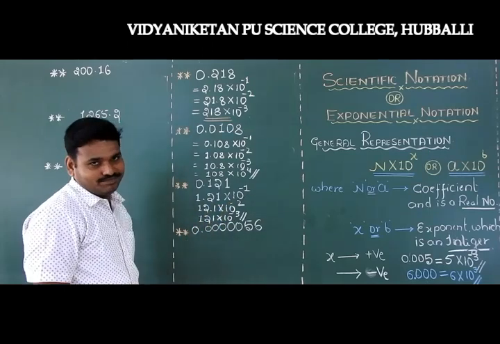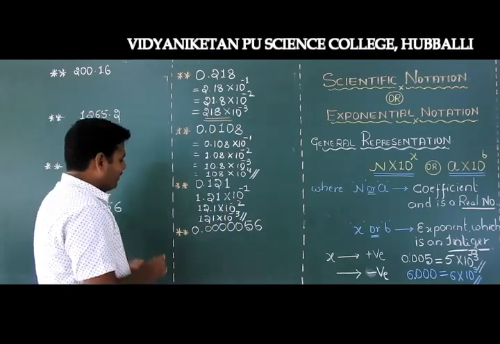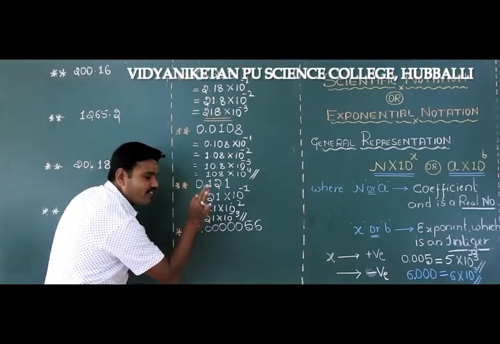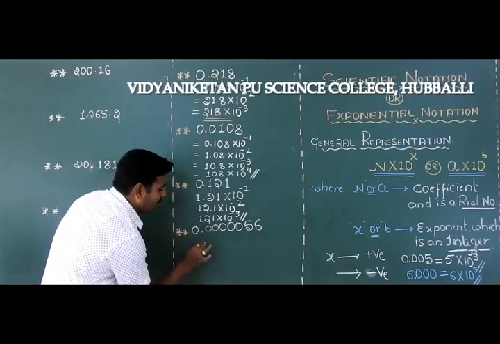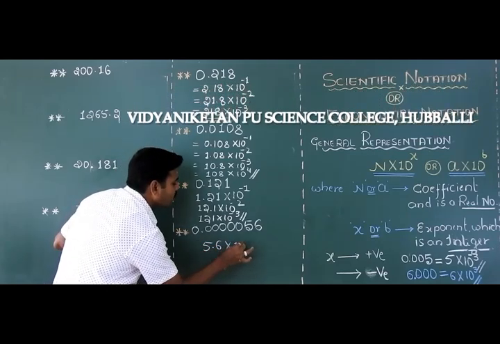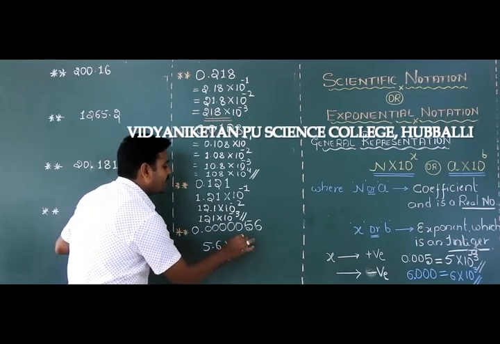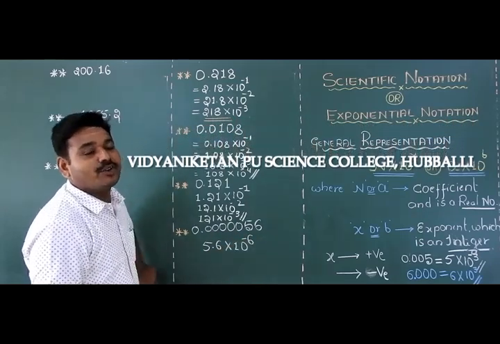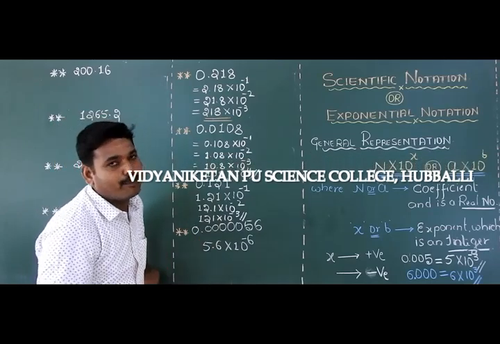The scientific notation for the given number is 5.6 into 10 to the power of minus 6. This is the scientific notation for this given number.